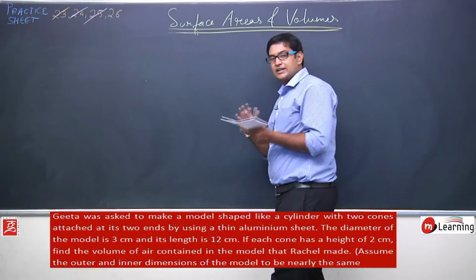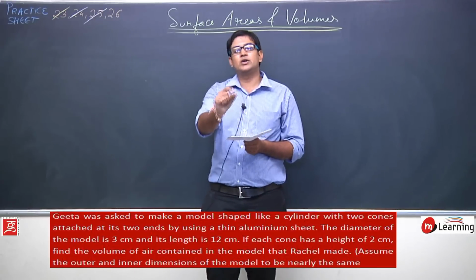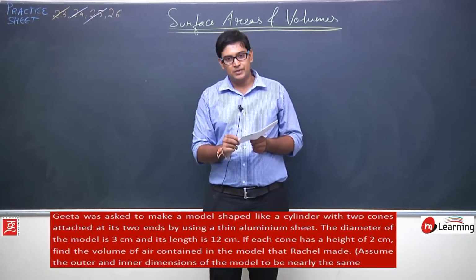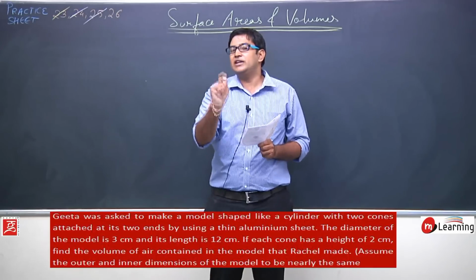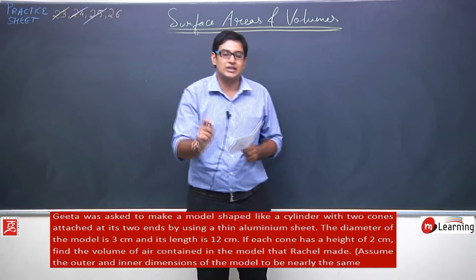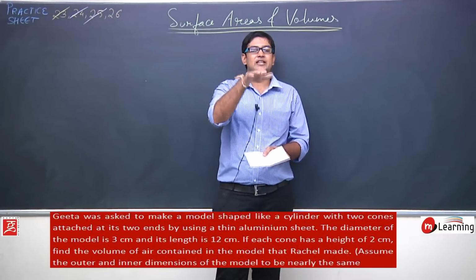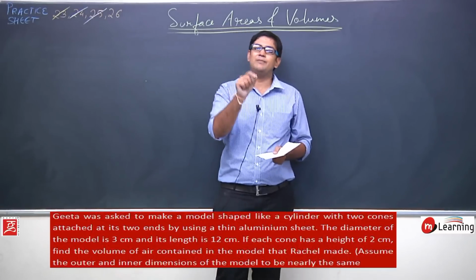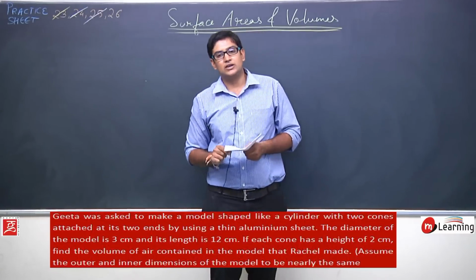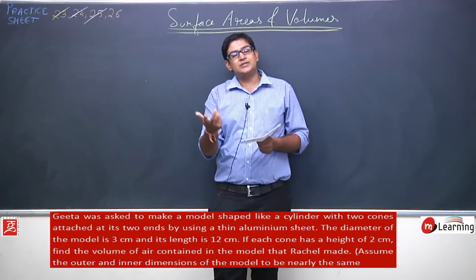For that we need to assume that the inner and outer dimensions are the same. So what does this mean? It means that we need to take that the aluminium sheet is very thin. It does not matter that if the outer diameter is 3 centimeters, then the inner diameter will be less. It might be less by some small amount only, or approximately we can take it as the same.